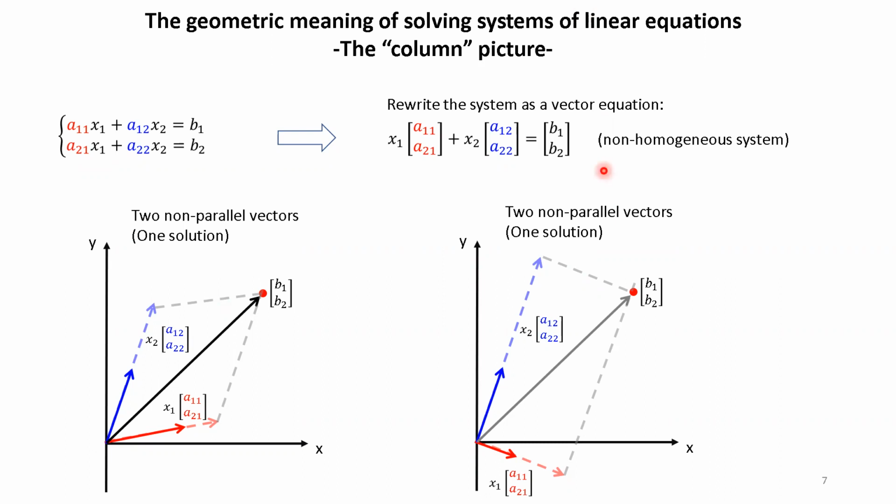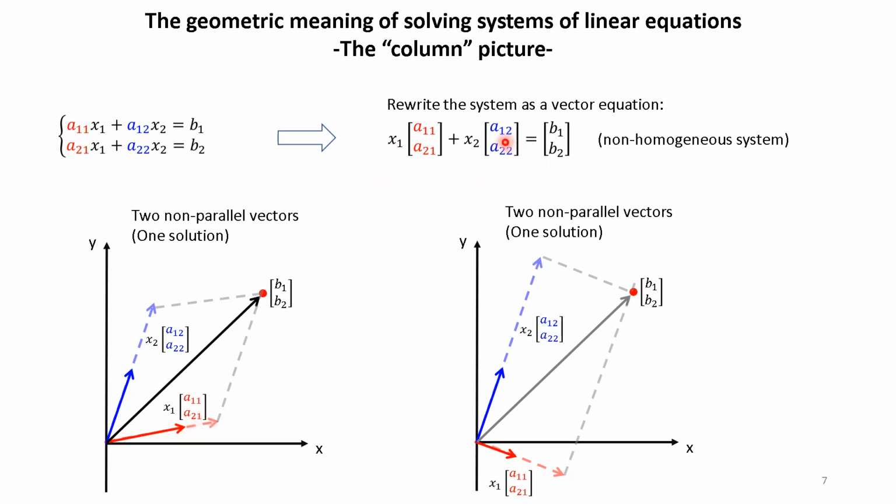Okay, so here, as I said, I'm going to have this sum be this vector. This vector is this red solid one. Multiplied by this x1, it becomes a little bit longer, given by this red dashed vector here.